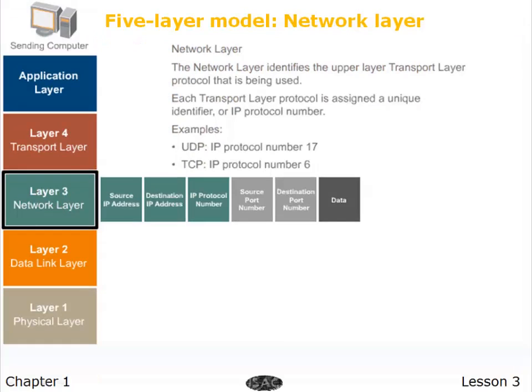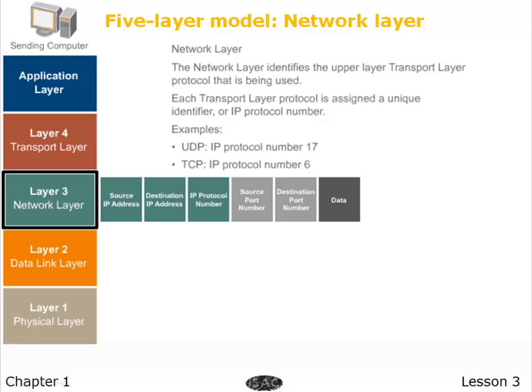Let's go to the next layer. Network layer. The network layer identifies the upper layer transport layer protocol that is being used. Each transport layer protocol is assigned a unique identifier, or IP protocol number.